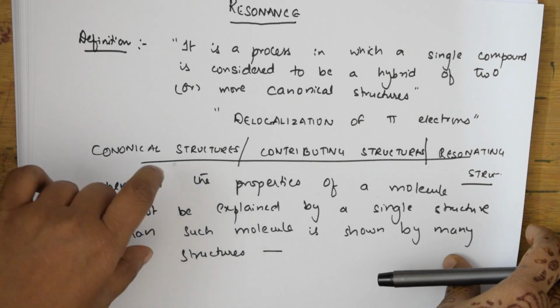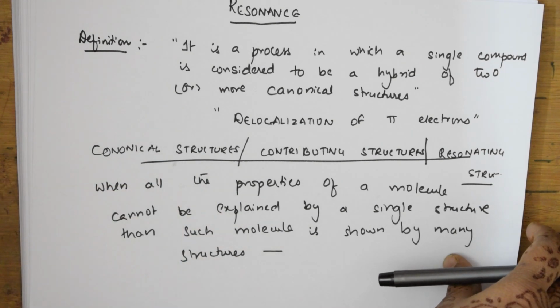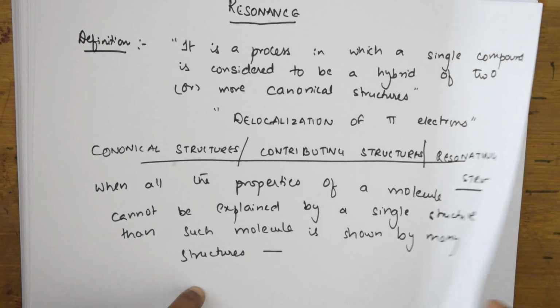Now let us write the characteristics you have to remember while drawing canonical structures. Basically, the canonical structures have difference in electron distribution only.